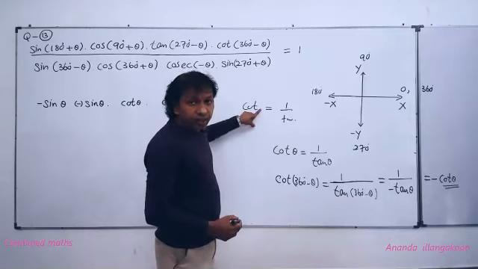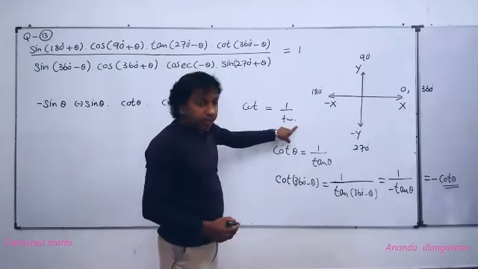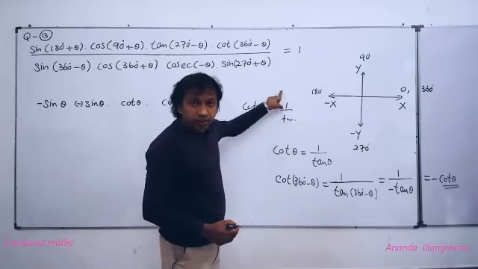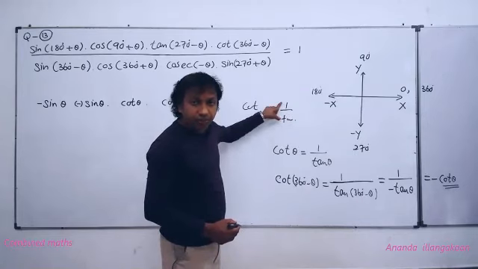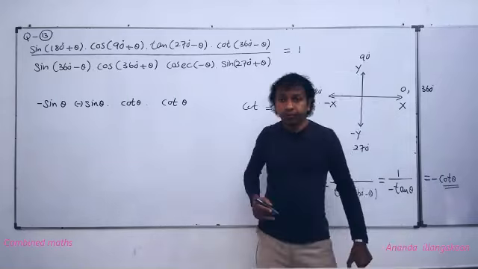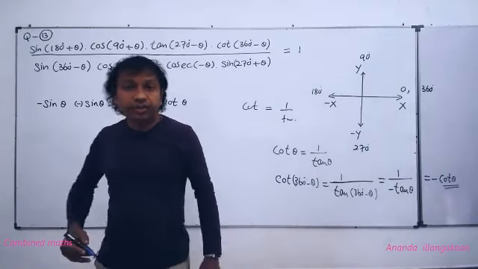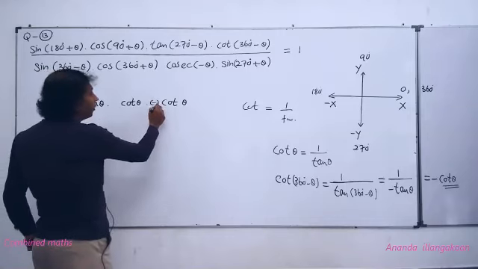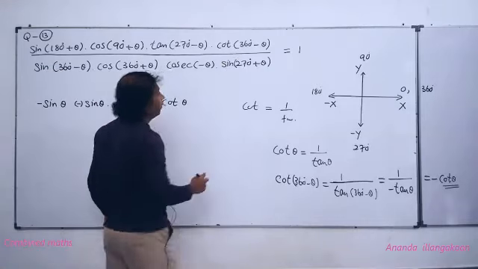If this angle is in the fourth quadrant, since the same angle comes in here, this tan is also in the fourth quadrant. In the fourth quadrant, tan is negative. Then plus divided by minus comes on the right hand side. Plus by minus is minus. Directly you can put this minus there. That way we can easily think. So therefore, this is nothing but minus cot theta. Cot 360 minus theta is minus cot theta.